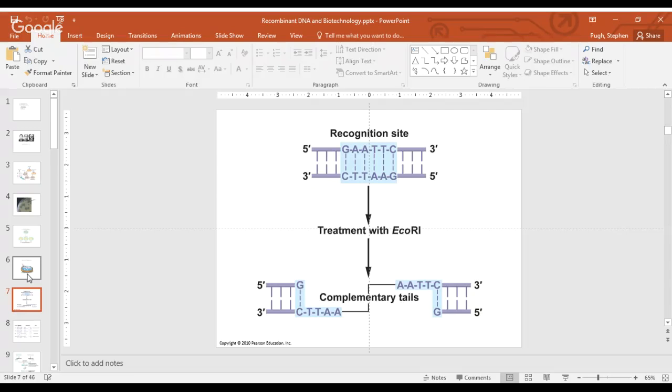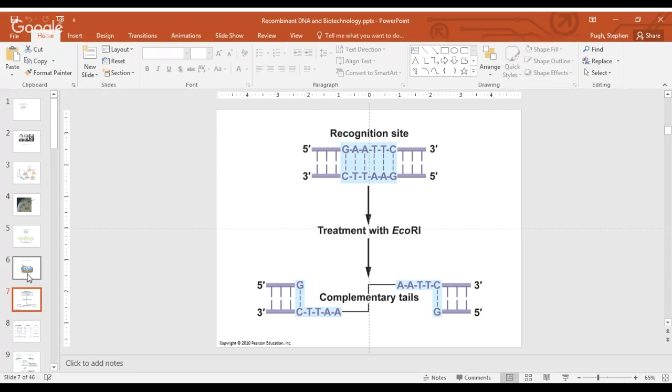So that sequence of 6 bases is a palindrome, and that's the sequence that EcoR1 binds to. Then it cuts the DNA between the G and the A bases on each strand.